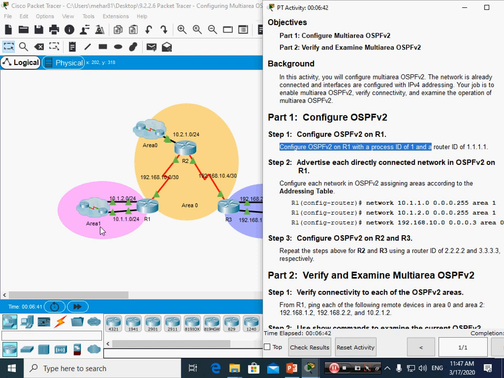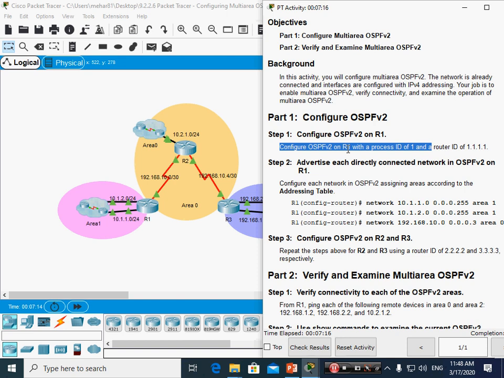The second issue is the large link state database, which will be stored in the routers. And the SPF calculation, the shortest path first algorithm calculation, will also take more time, and more CPU cycles for recalculating the SPF algorithm if there is any update to the routing table. So these were the issues.